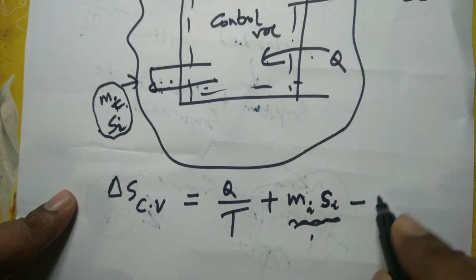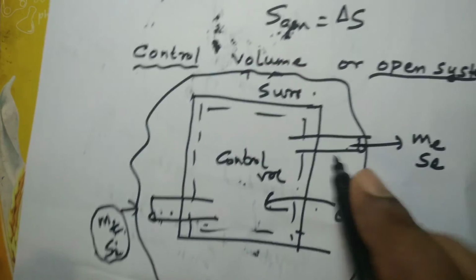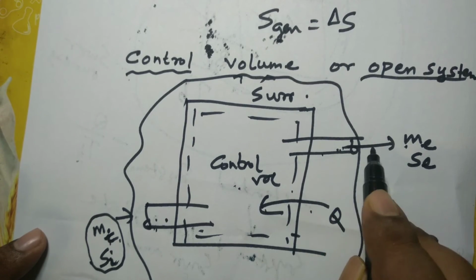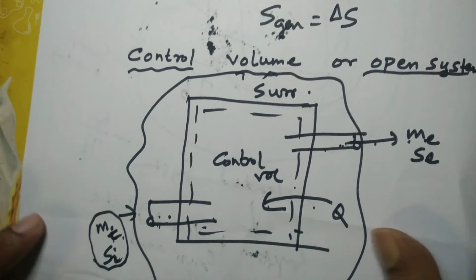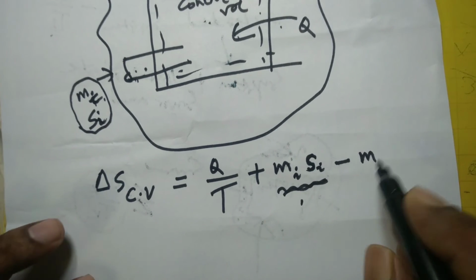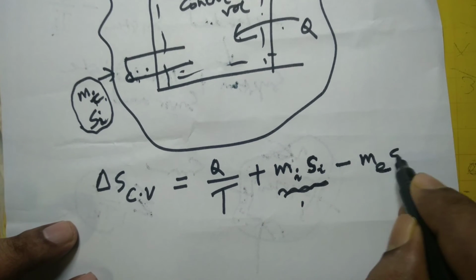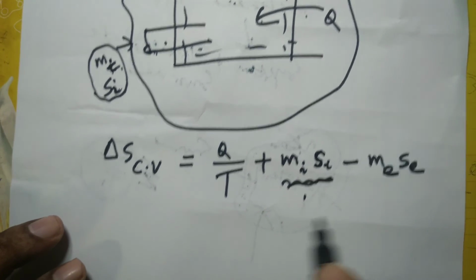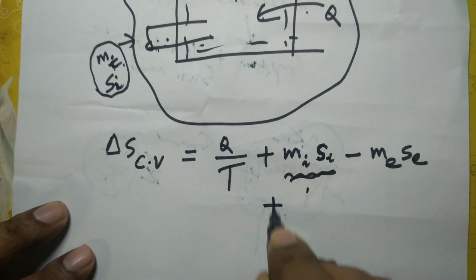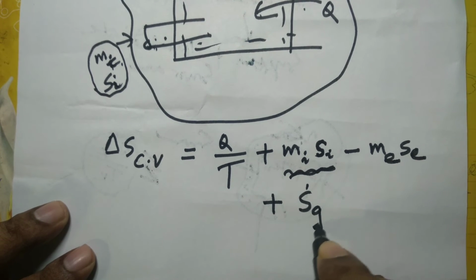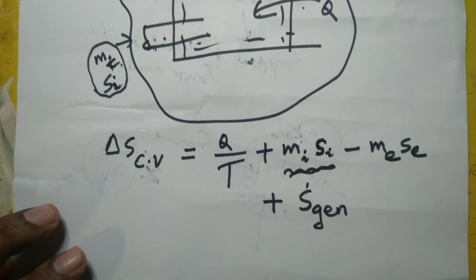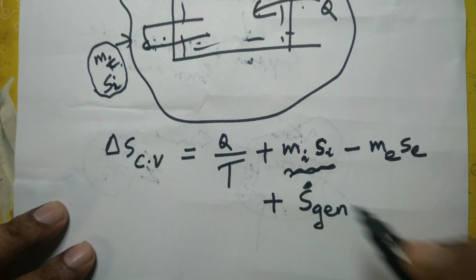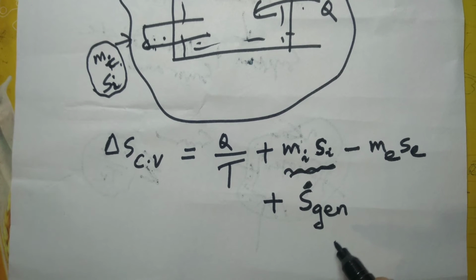What is the total entropy that leaves the control volume? This is the mass that leaves the control volume, with entropy Se. So minus Me Se plus the entropy that is generated, entropy generation.